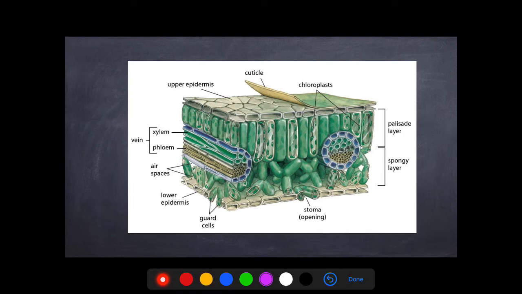So now that we talked about those terms, let's look at this diagram again. We have the palisade layer, which I said has these long cells that make it up, and they are very tight with each other. They make up the top part of the leaf, so this is where you have the sun.